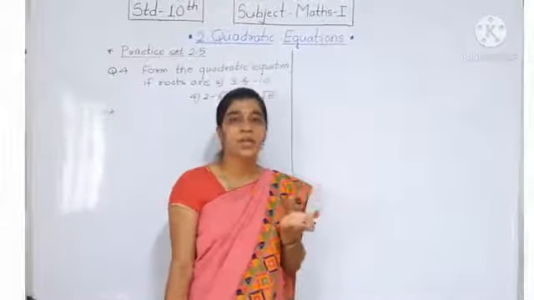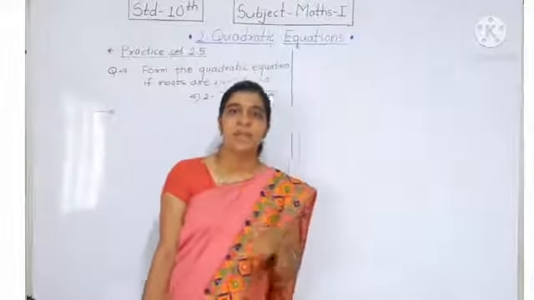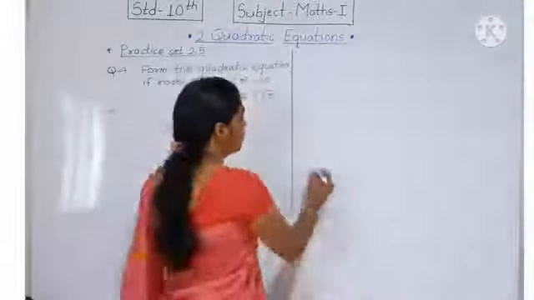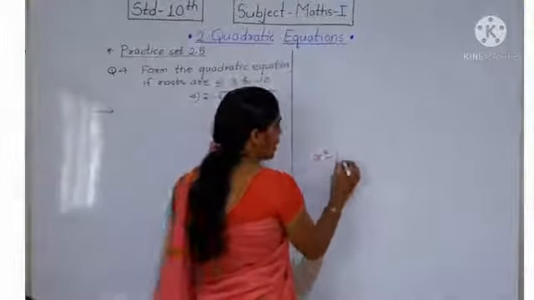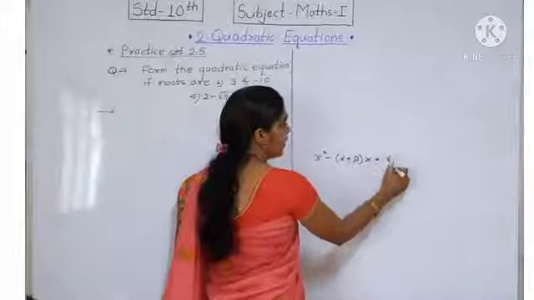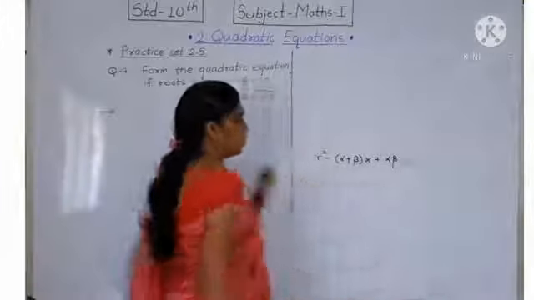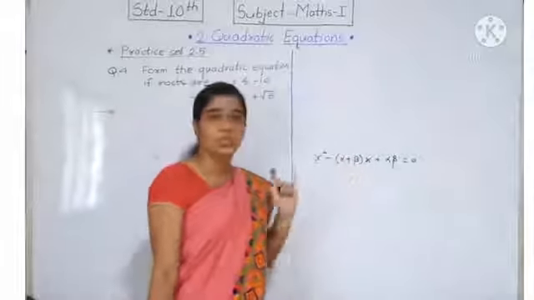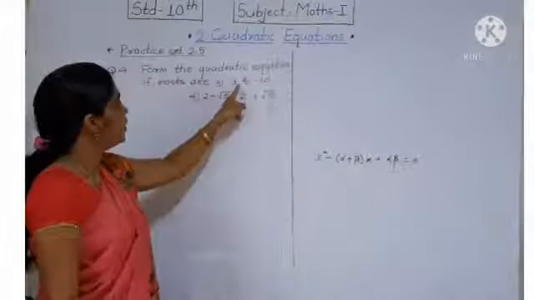What is the formula we have seen? X square minus alpha plus beta into x plus alpha beta is equal to 0. This is the formation of a quadratic equation given roots. So here the roots given are 3 and minus 3.